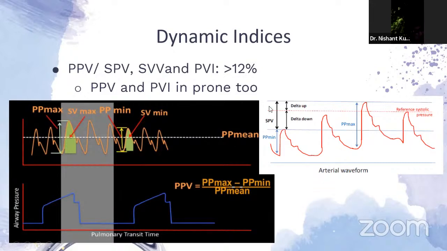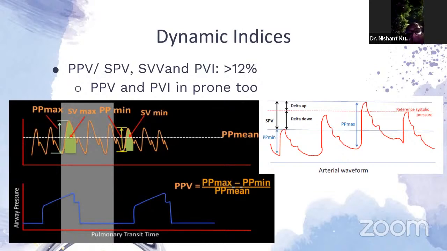So as you can see from these graphs, we see the PP max, the PP minimum, and divide by the PP mean to get the pulse pressure variation, and we take the SV max, stroke volume maximum, and stroke volume minimum, and then we divide it by the stroke volume mean to get the stroke volume variation. Now, see that these can be invasive or non-invasive also. Stroke volume variation can be calculated from the plethysmograph also. So that is called the pleth variability index.